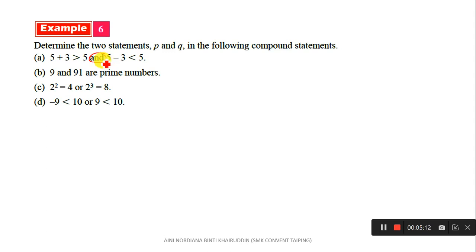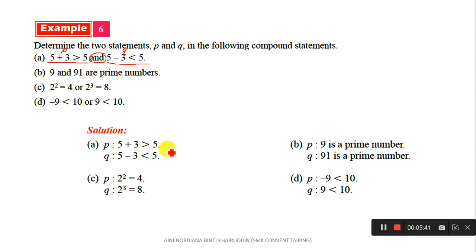The first sentence here is the first statement. After the word "and" or "or" is the second sentence. So determine the two sentences. This is P, this is Q. So this is the answer for A.